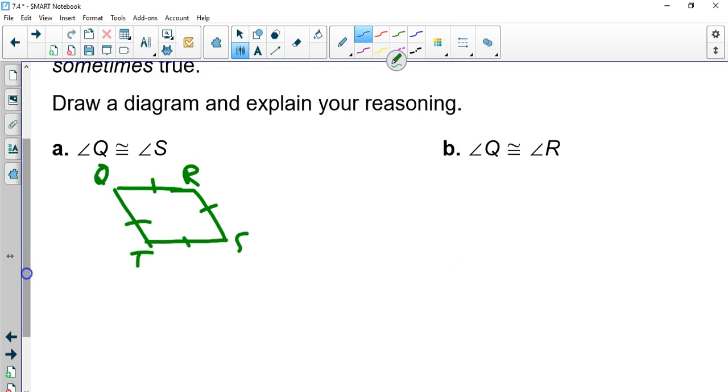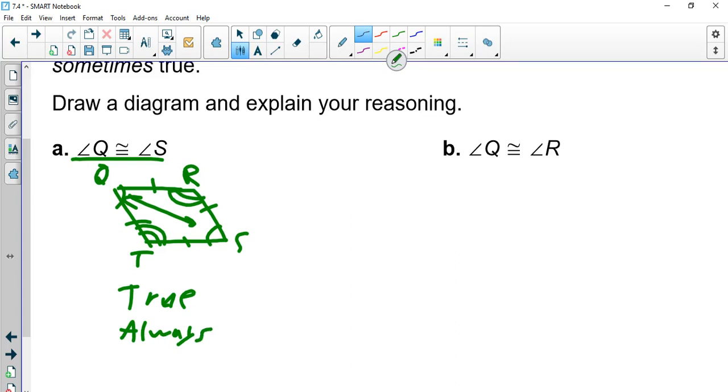Now, with it being a rhombus, we also know that in a parallelogram, opposite angles are equal. So being that a rhombus is a parallelogram and opposite angles are equal, Q and S are congruent. Therefore, this is true. And that means always true.